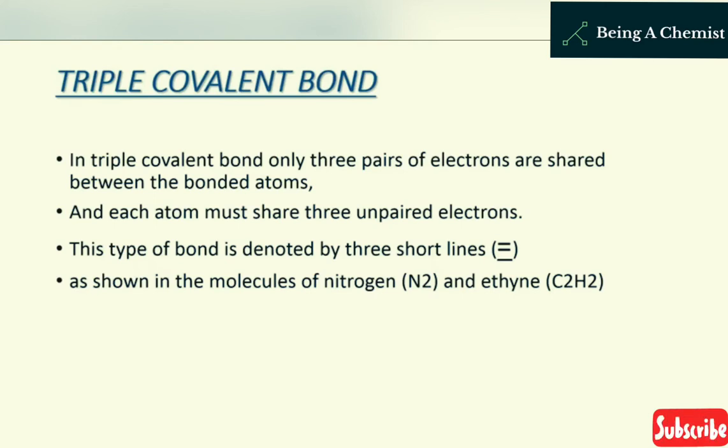As you have seen, in single covalent bond only one line is used to represent the bond, while in double covalent bond 2 short lines were used, and in triple covalent bond 3 short lines are used, as shown in the molecules of nitrogen and ethyne, that is C2H2. These two molecules are examples of triple covalent bond, as in these bonds 3 pairs of electrons are shared.